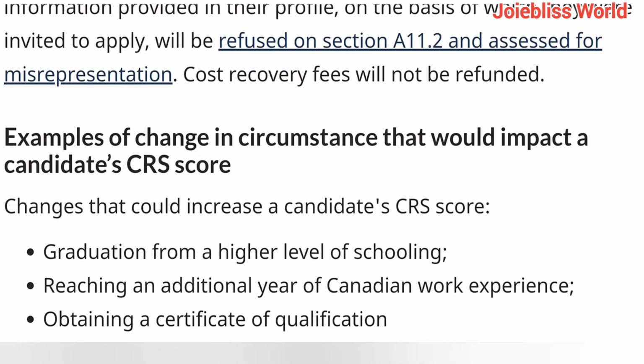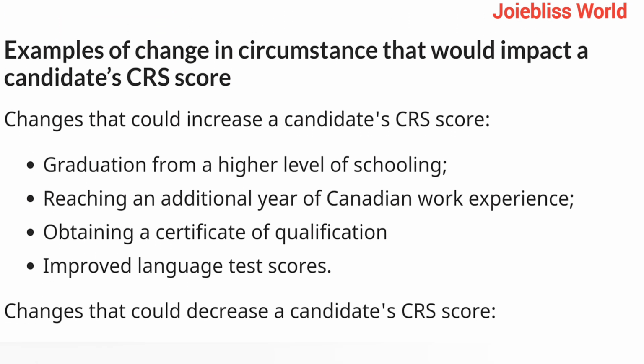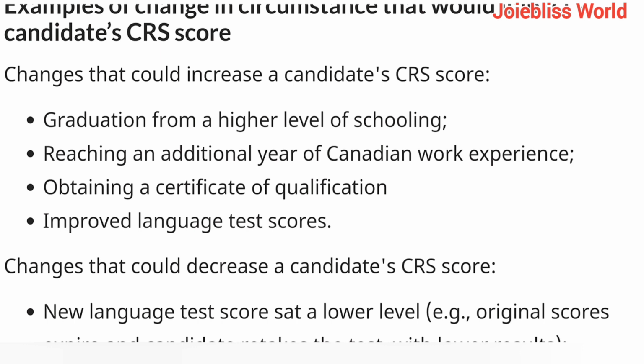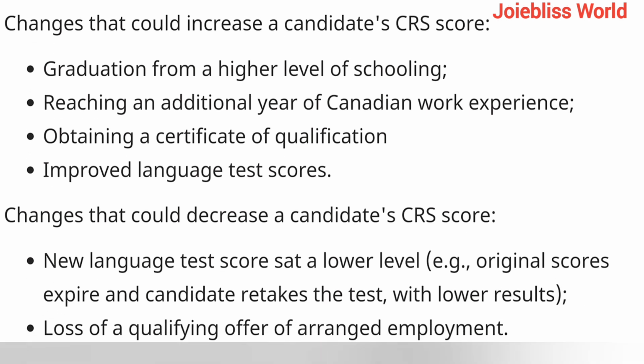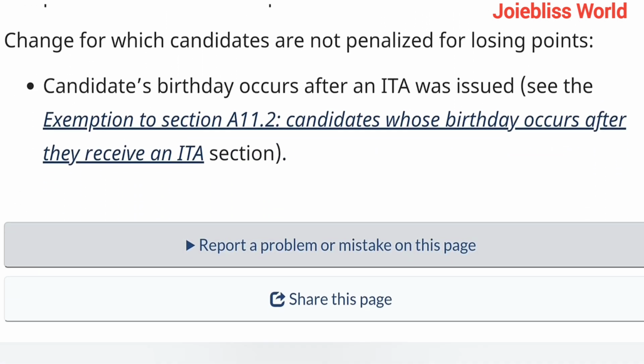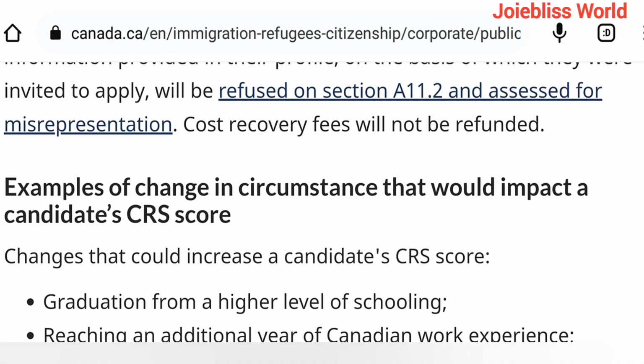Some factors could actually increase or decrease your CRS score. Kindly take note of that, and if it happens to be decreasing, you have to look for a way to boost your score so that you can be invited to apply.